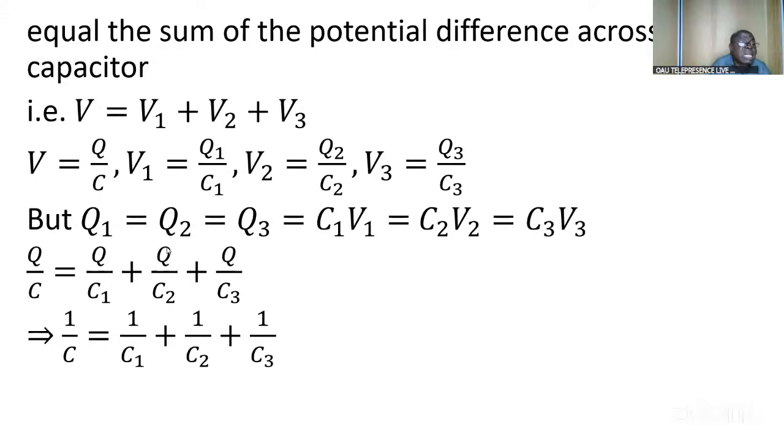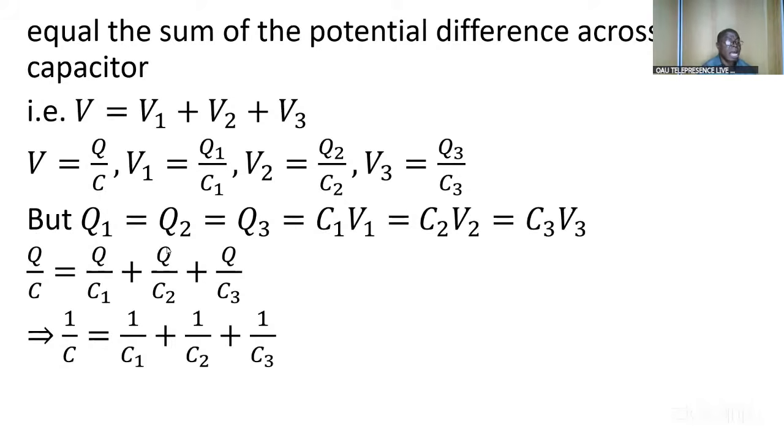So I can get my V1, my V2, my V3 in terms of Q. Please don't forget Q1, Q2, Q3 are the same when we talk of series connection of capacitors.